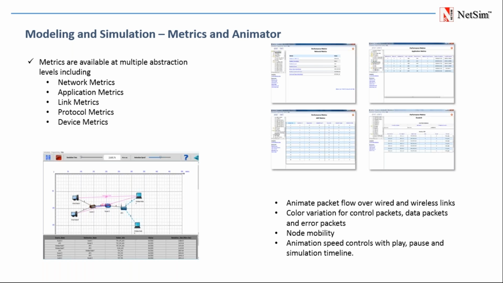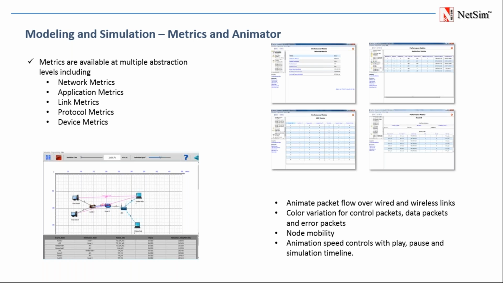Then queue metrics display the values of the queue metrics for devices containing buffer queues, like routers and access points. Then there is packet animation, which enables the user to watch traffic flow through the network for in-depth visualization and analysis.